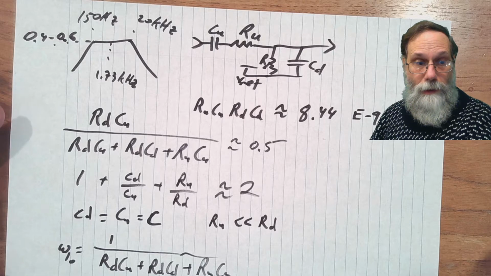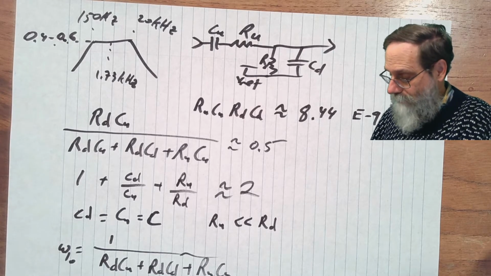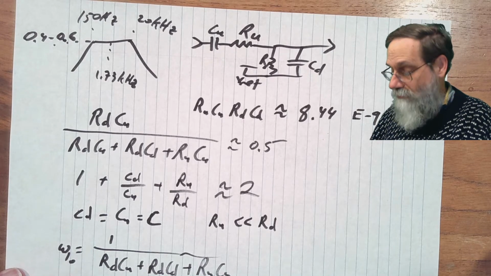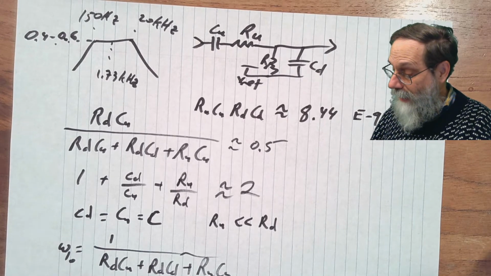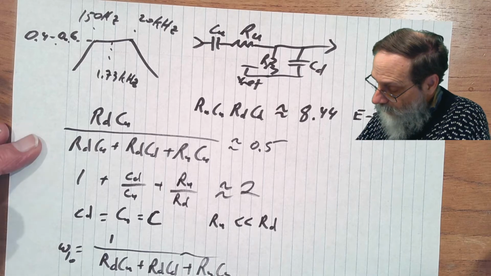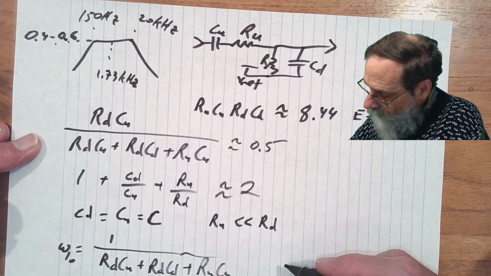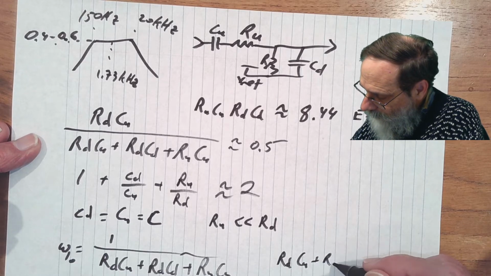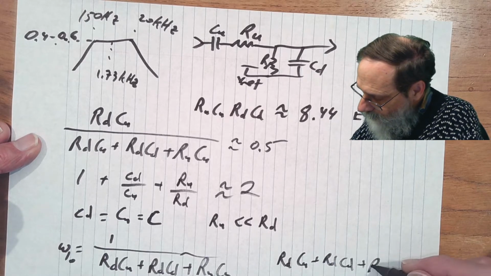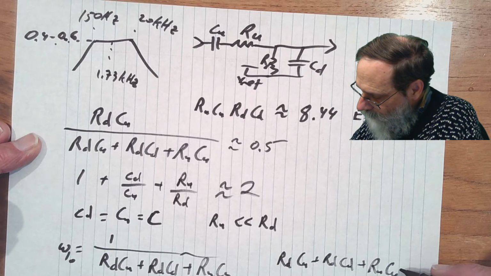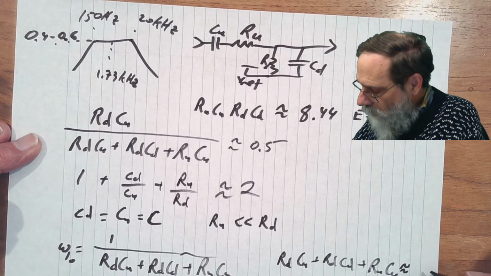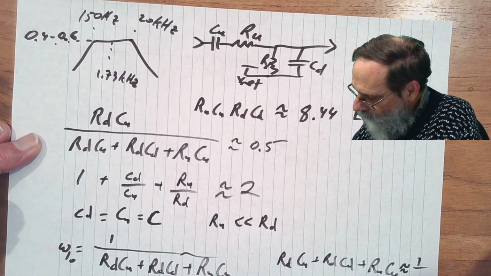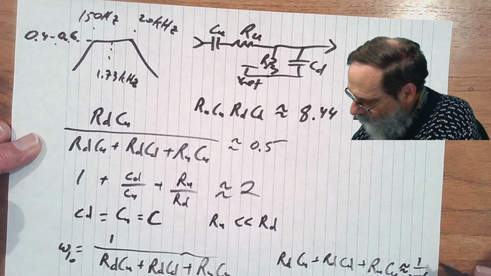We could just try flipping this upside down and get RDCU plus RDCD plus RUCU is approximately, we want that to be 1 over omega low, so 1 over 2 pi times 150 hertz.